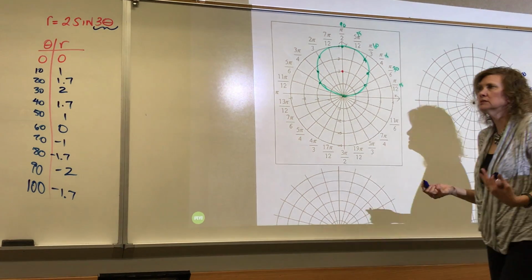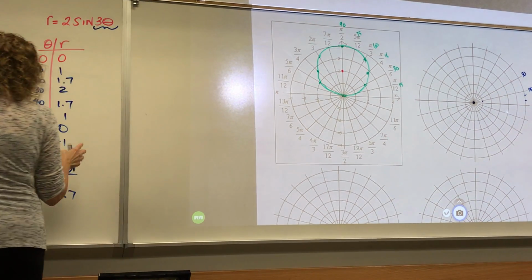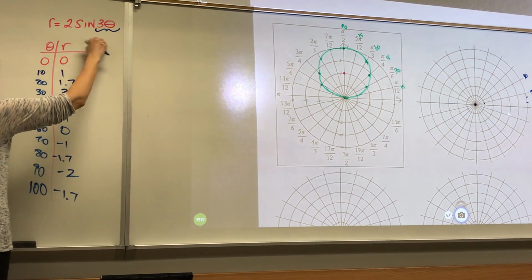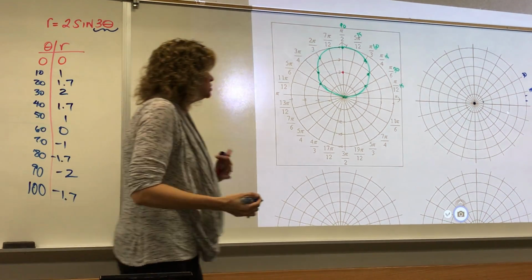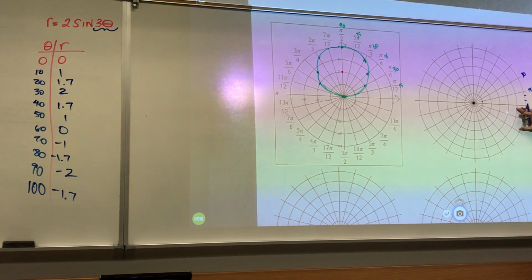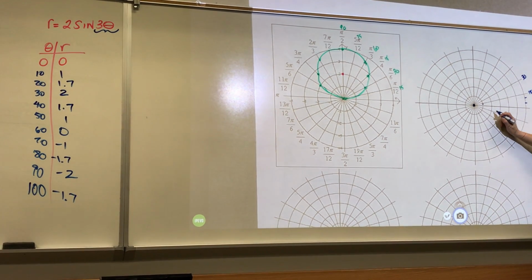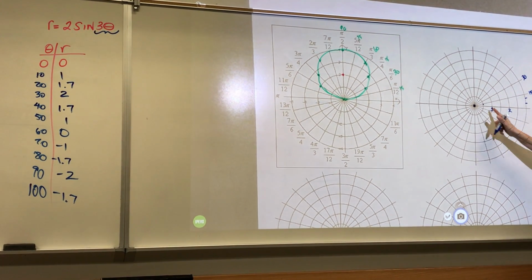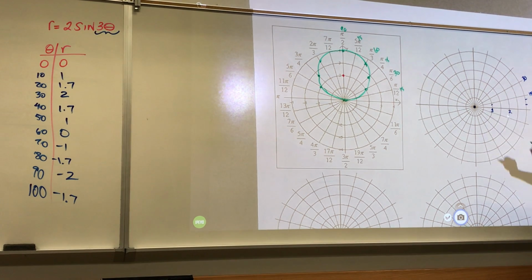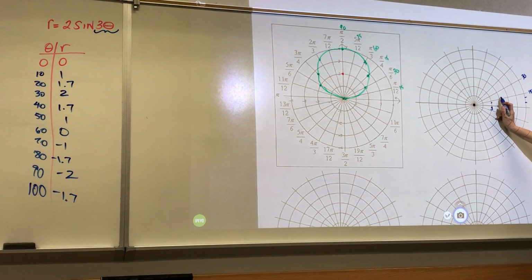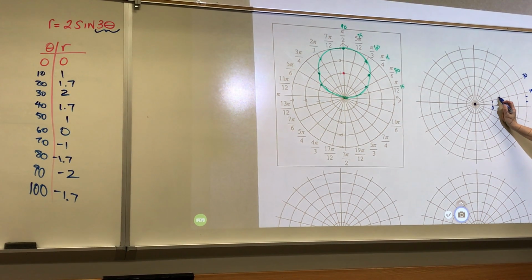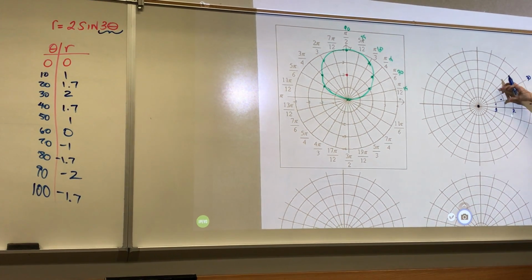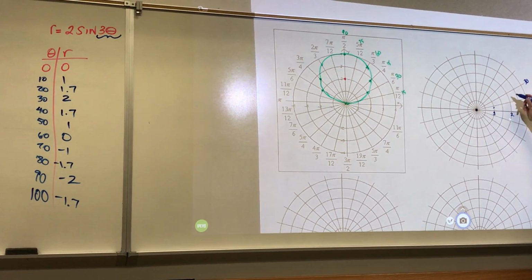The largest value we are ever going to get is when sine is equal to 1, and 1 times 2 is 2. So we can adjust our unit system: we'll make this 1 and 2. So 10 degrees, I'm at 1. 20 degrees, I'm a little bit past 15, I'm at 1.7. Do the best you can at estimating. It's past 1.5, so 1.5, 1.7, right here.